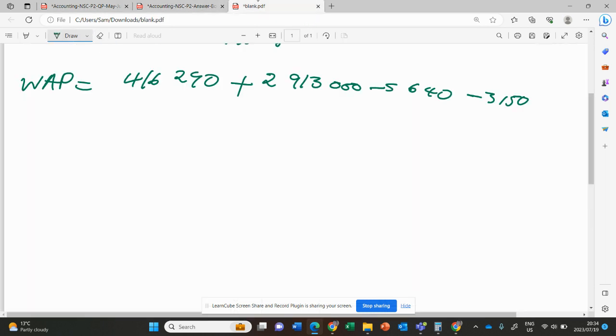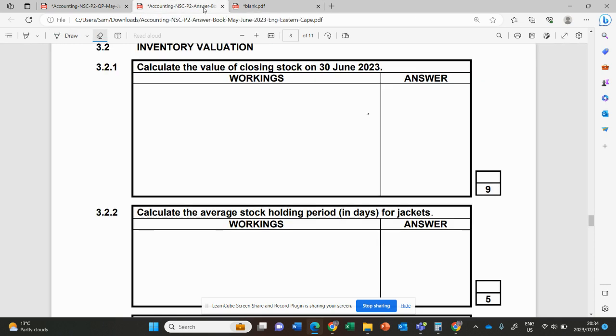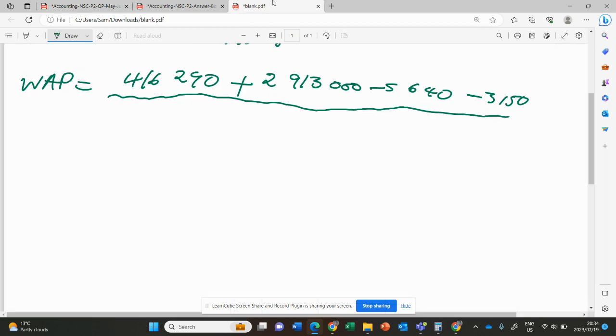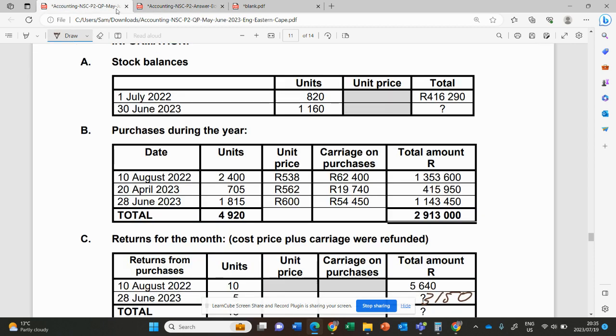What's left now is to divide by the number of units for everything. What's the number of units for the opening? Opening units is 820. Then plus the number of units for the purchases, which is 4,920.